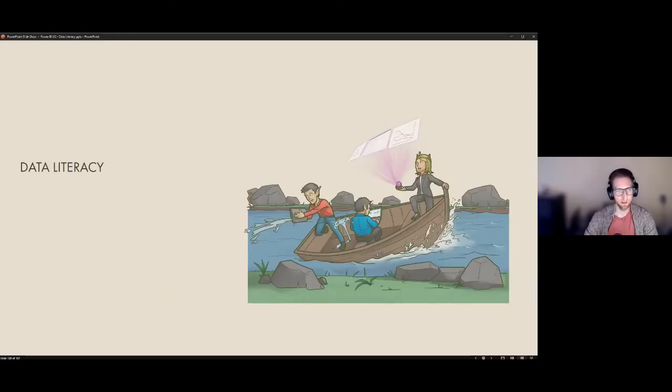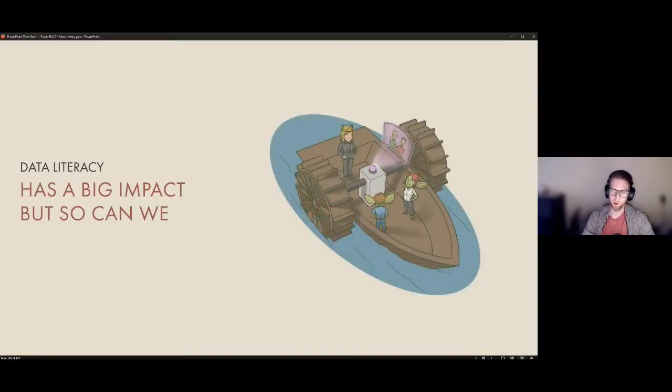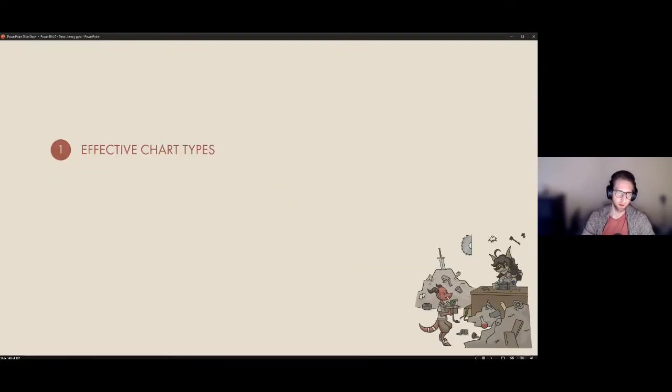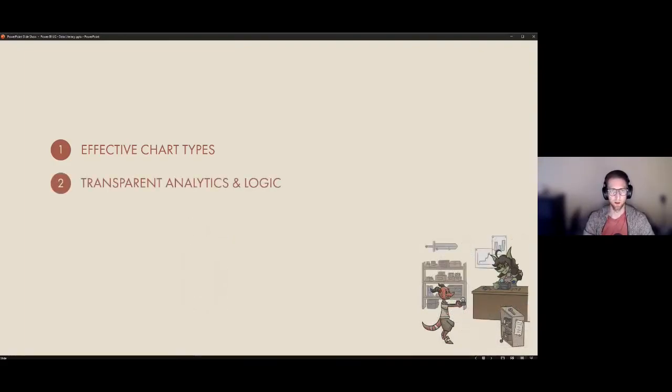So to summarize, data literacy has a big impact on our organization, but we can have a big impact on improving data literacy as well. By making sure that we make effective choices about which chart types are in our reports, for example, advanced chart types for the right use cases, by making sure that these charts are transparent in the analytics and logic.